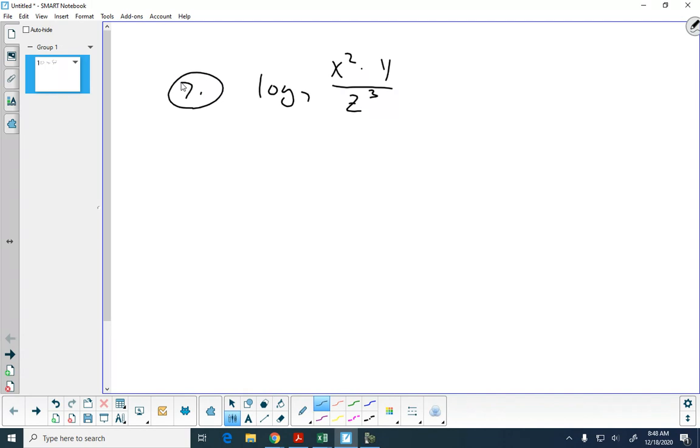And we know the log base 7 of x is equal to the value of 6. Log base 7 of y is equal to 10. And log base 7 of z is equal to a value of 8.